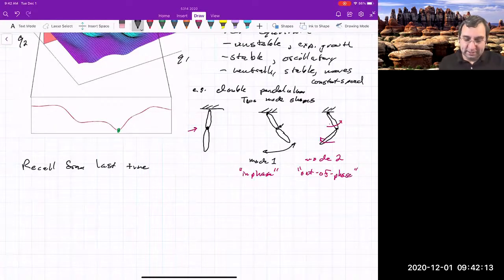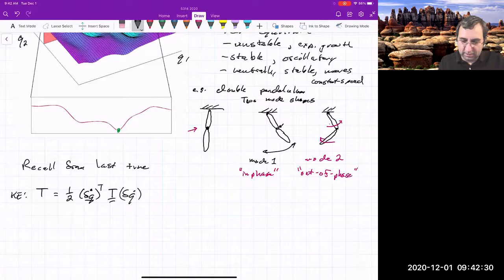The kinetic energy is T equals 1/2 delta q dot transpose T delta q dot, and the potential energy U is 1/2 delta q transpose U delta q.